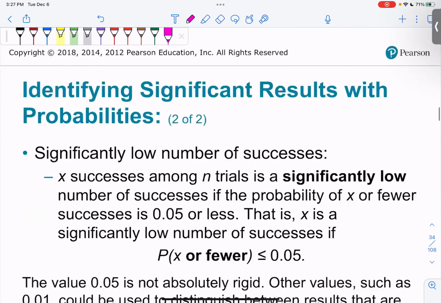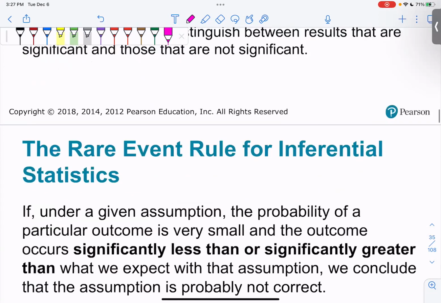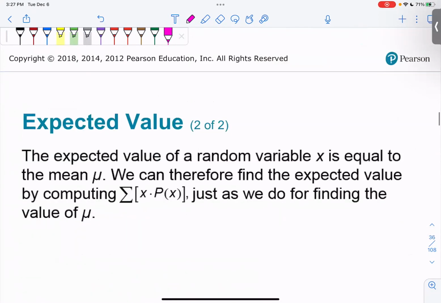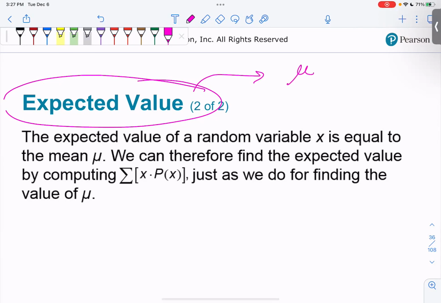Okay, and the same way we can say X is a significantly low number of successes if the probability of X or fewer successes is 0.05 or less. We did also say if they ask about the expected number, it is exactly mu. So mu equals the expected X, okay, which is here.